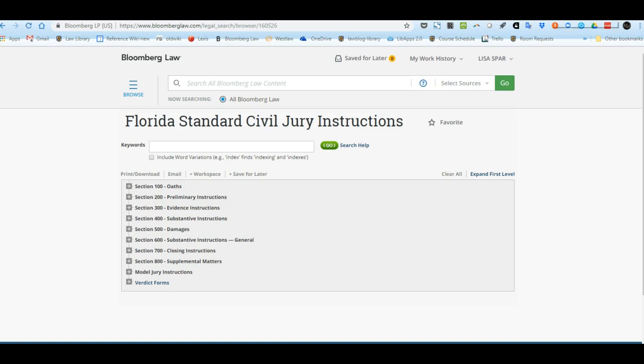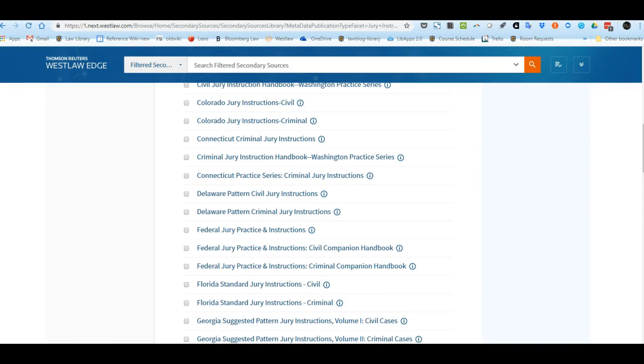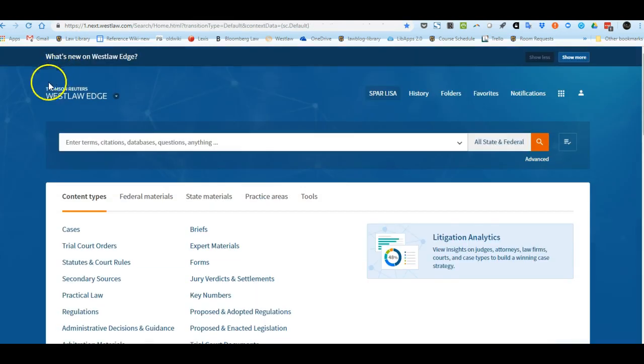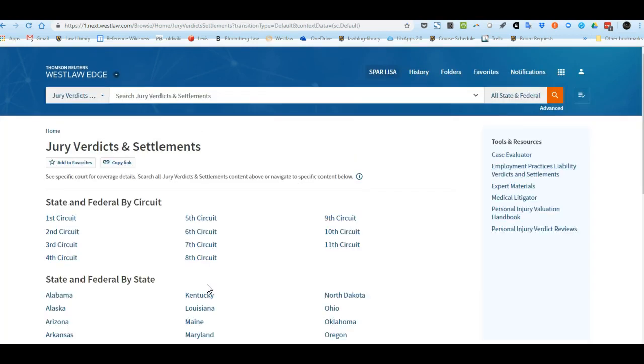So going back to Westlaw here, we go back. Actually, for some reason, jury verdicts is on the home page. For jury instructions, you have to go to secondary sources. Don't know why that is, but you could specify jury verdicts and then go to your particular jurisdiction.